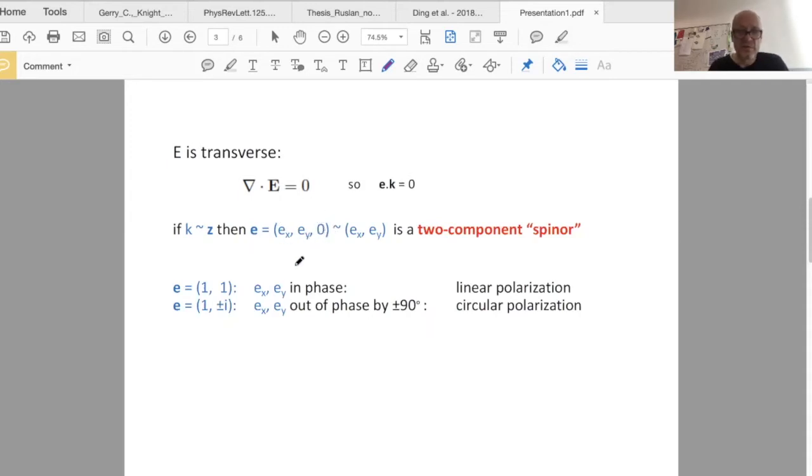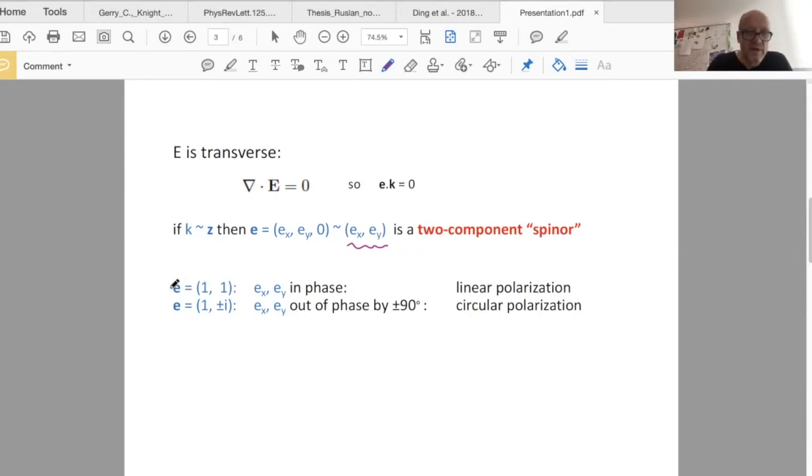And so we can think of this as a two-component complex vector, which we might call a spinor. And that's handy because this will be a template or a model system for other spinors that we will encounter, such as the state of a two-level atom, or the two light fields going into a beam splitter, and some other ideas.